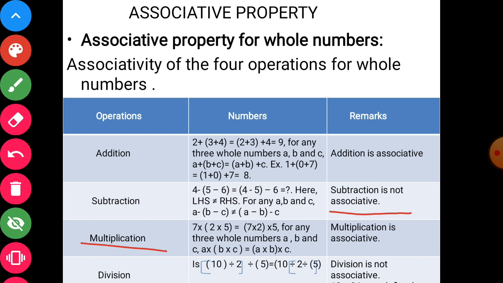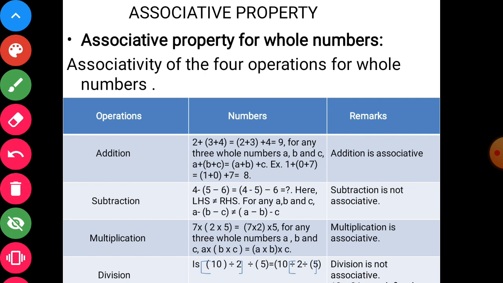Next, to check for multiplication. Take any 3 whole numbers, multiply them by putting the bracket in different ways. Means for the last two numbers we put bracket here, and in RHS we put bracket for the first two numbers.